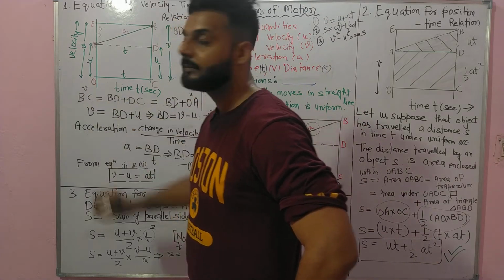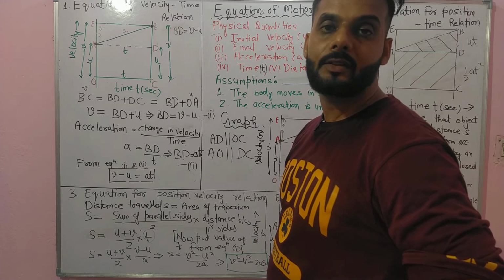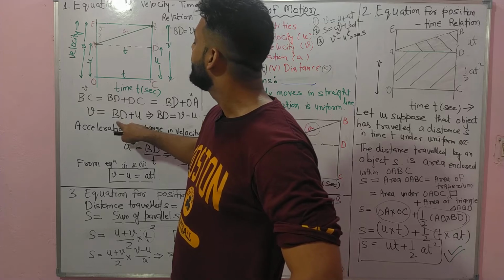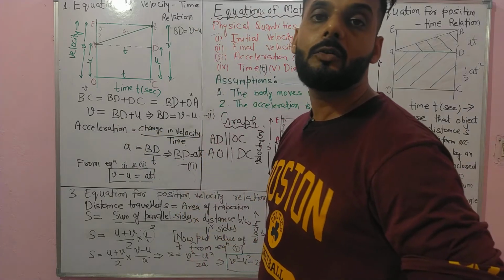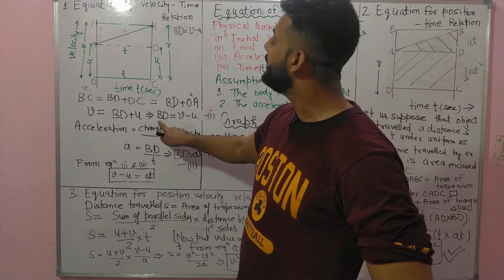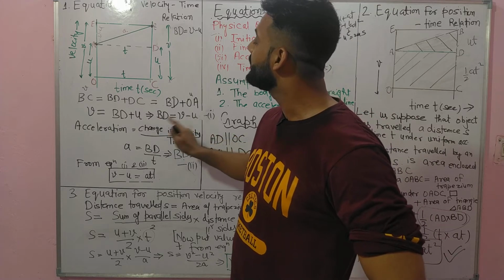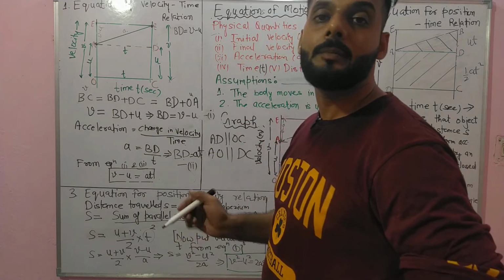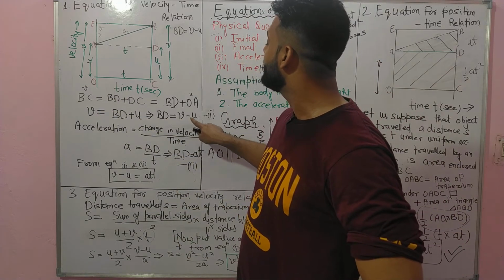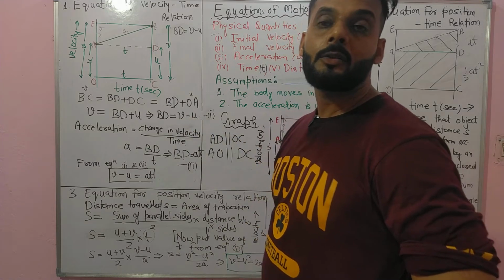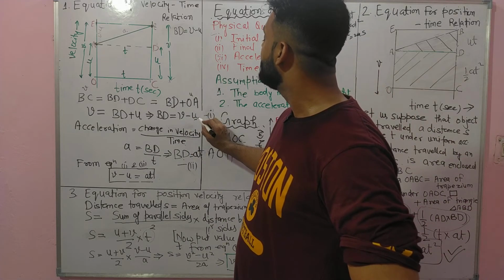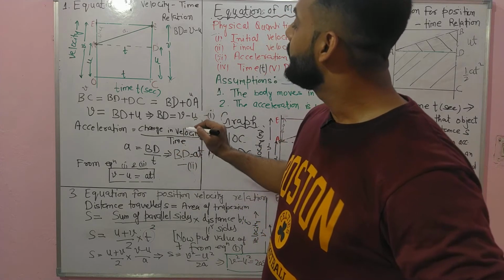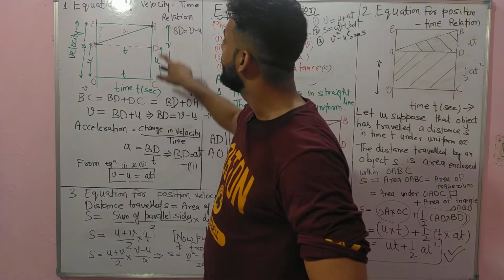Now we have V is equal to BD plus u. Now we will take the value of BD from here. जब हम u को इधर उधर लेकर जाएंगे तो u माइनस हो जाएगा. तो BD is equal to v minus u. Now this is our first equation. Okay. Now we need to know about BD. What is BD?